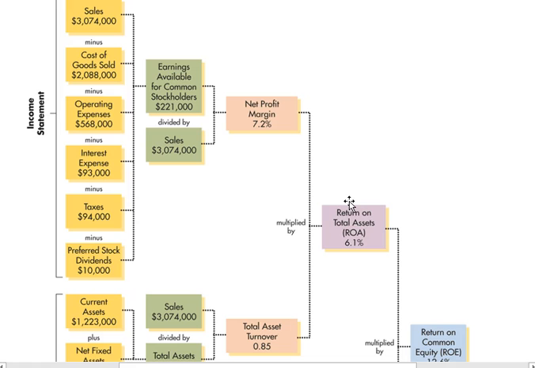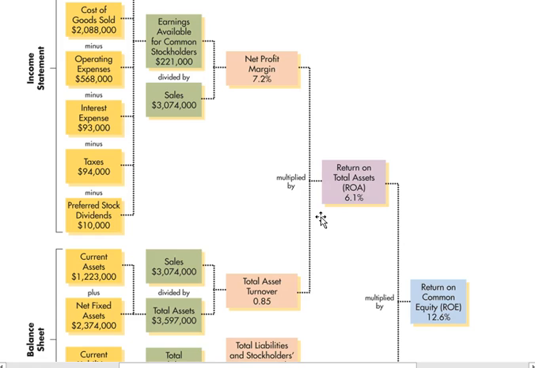We take the profit margin multiplied by the total asset turnover, these two numbers multiplied against each other, which I showed you two slides back, to calculate return on assets. We don't like lower return on assets, we want higher return on assets. So if this was lower, it's either a problem with the total asset turnover or a problem with the net profit margin.